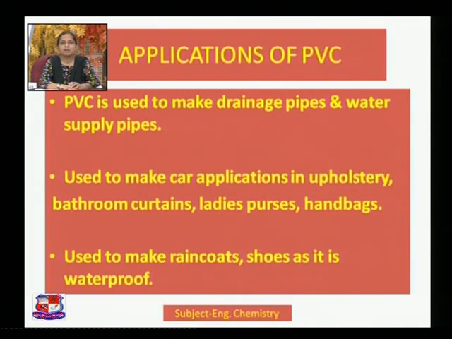that, if you see here, PVC is used to make drainage pipes and water supply pipes. Then it is used to make car upholstery, bathroom curtains, purses and handbags. And as it is waterproof, it is used to make raincoats and shoes that can be worn in the rainy seasons.